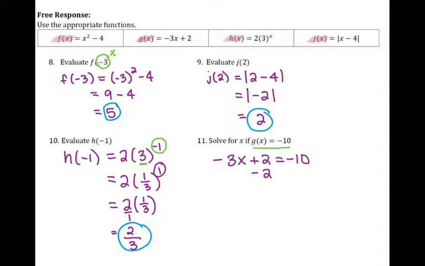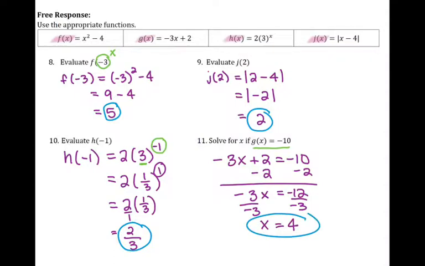I'm going to subtract 2 from both sides. -3x equals -12. Divide by -3, and I get x equals +4. So hopefully you'll notice that 11 is worded differently from 8, 9, and 10. So 8, 9, and 10 you were evaluating, meaning that you were plugging in for x. Number 11, we were solving for x. So there's a difference.